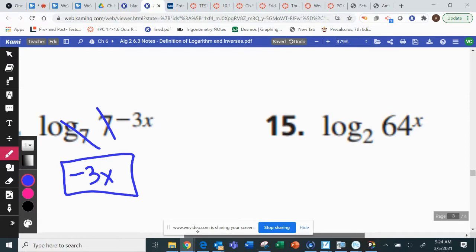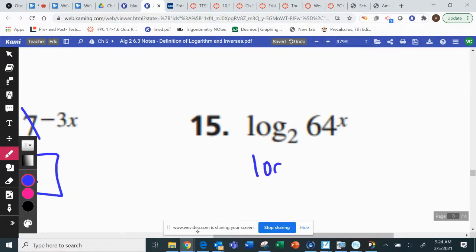This one's the hardest one because we've got log base 2, but we don't have a big 2 here. So I'm going to change this into a big 2. Ketsia, 2 to what power is 64? And that x is still there. So Ketsia, what answer do I get? 6x, perfect.